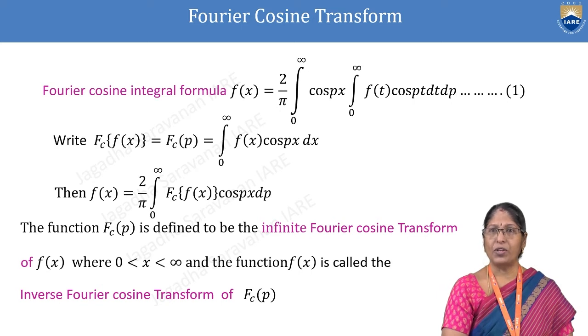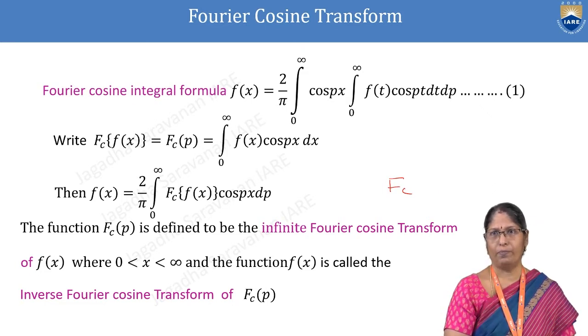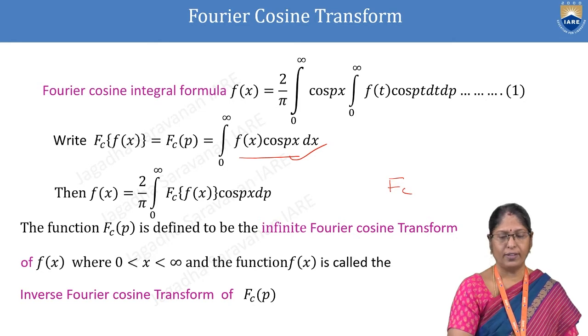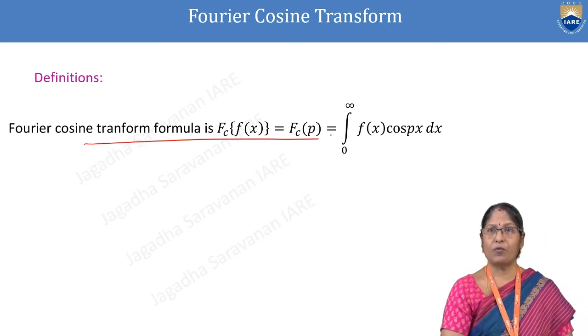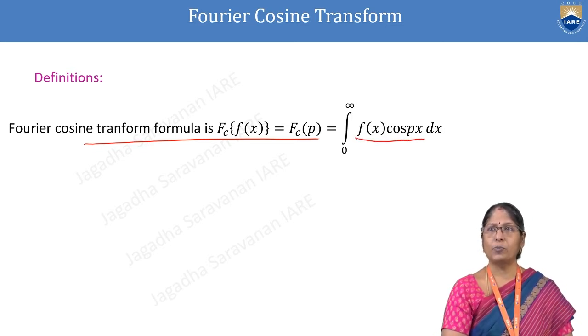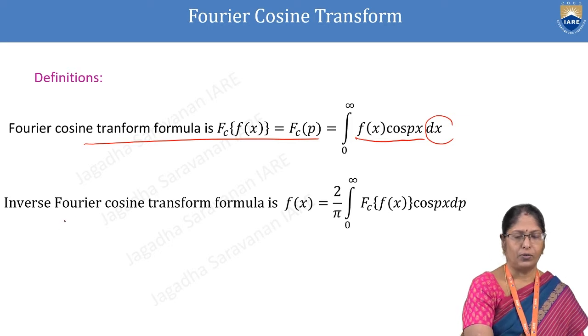This slide gives a very clear picture. Capital Fc is the Fourier cosine transform: if the function f of x is multiplied by cos px and integrated with respect to x from 0 to infinity, that is the Fourier cosine transform. Whereas if the function is obtained by multiplying the transform by cos px, it is the inverse Fourier cosine.